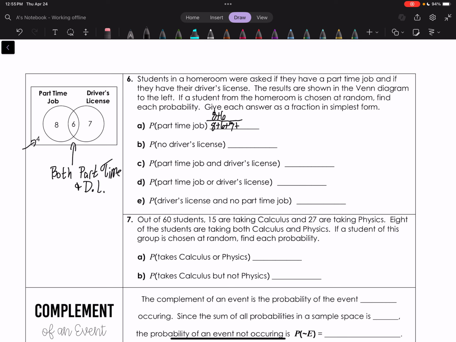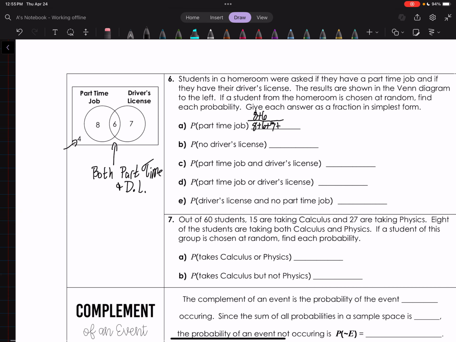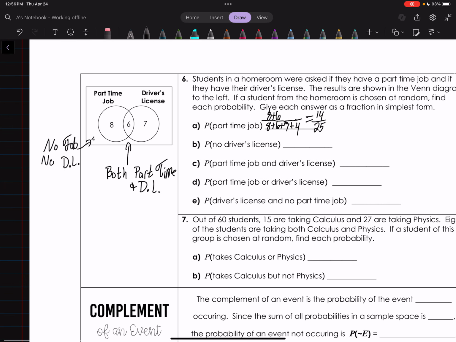These 4 students do not have a part-time job, nor do they have a driver's license. So it's 8 plus 6 plus 7 plus 4. This is 14 out of 25 total students. My Venn diagram, I can see there's 25 total students.